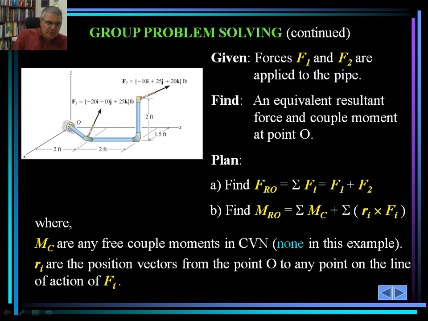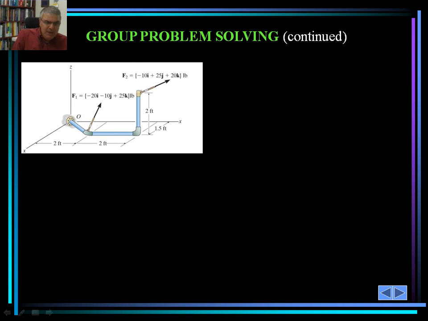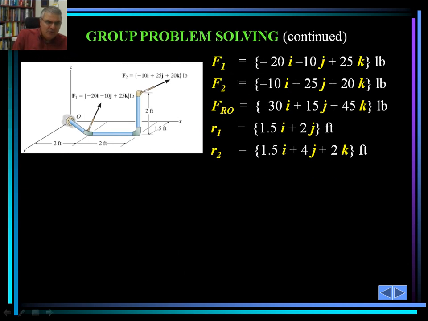Then M sub Ro is the summation of the moments about C plus the summation of r sub i cross F sub i, where M sub C is the free couple moments that we just discussed, and r sub i are the position vectors from point O to any point on the line of action of F sub i.